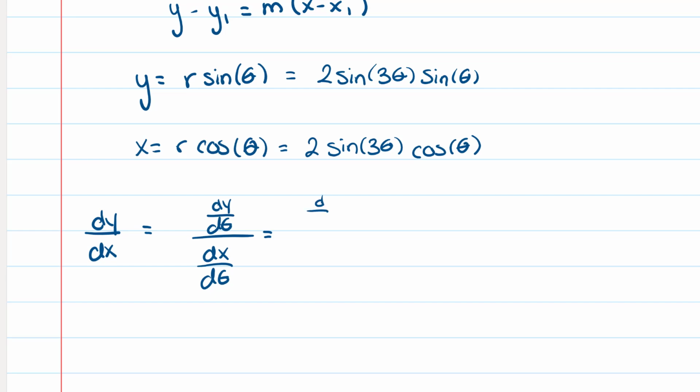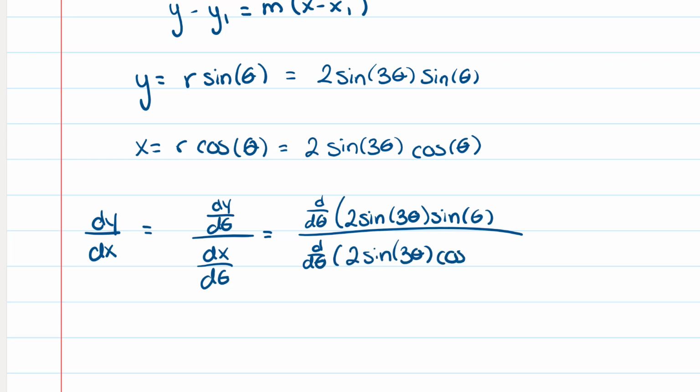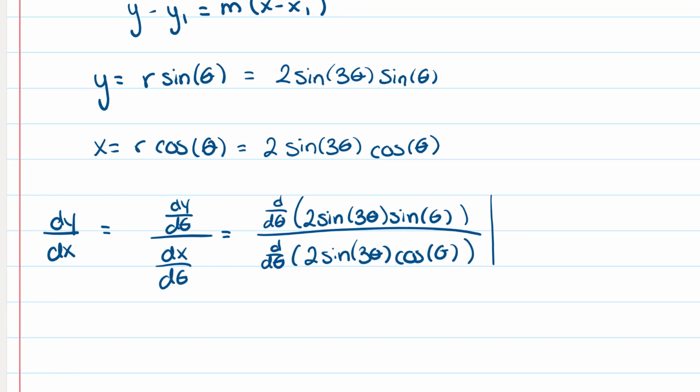So I want the derivative with respect to theta of 2 sine 3 theta sine theta, divided by the derivative with respect to theta of 2 sine 3 theta cosine theta. And then after you do the derivative, you're going to plug in pi over 6.